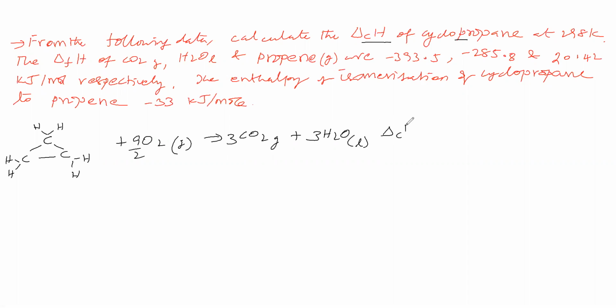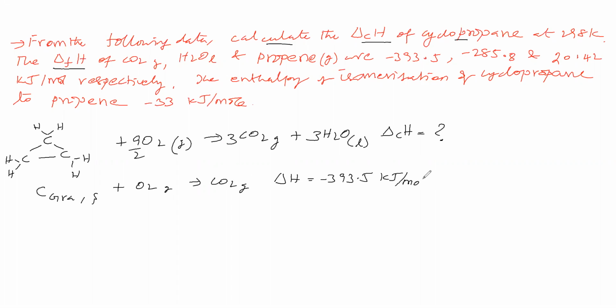For this, delta CH is equal to how much? This we have to find. So what is the other given data? The enthalpy of formation of CO2: graphite solid plus O2 gas gives carbon dioxide gas, delta H is equal to minus 393.5 kilojoule per mole.